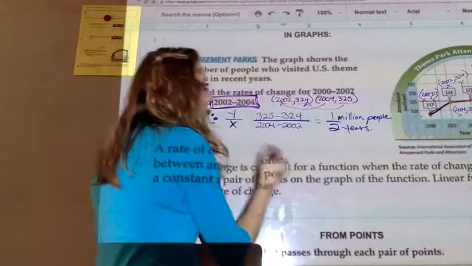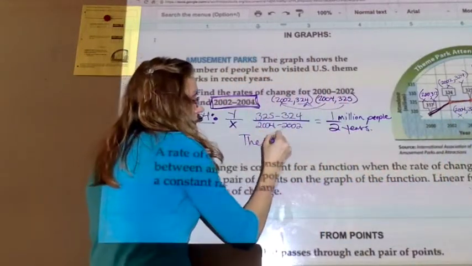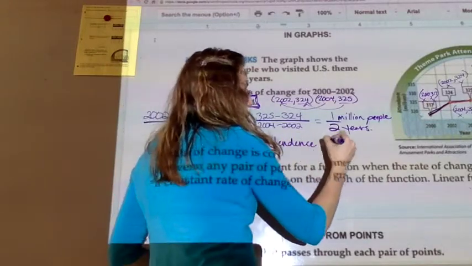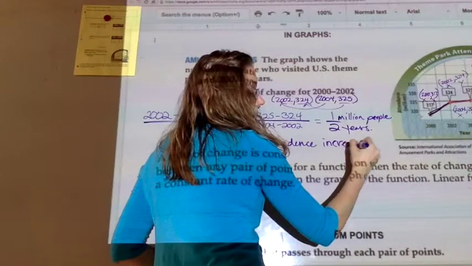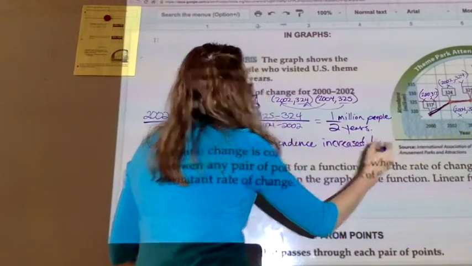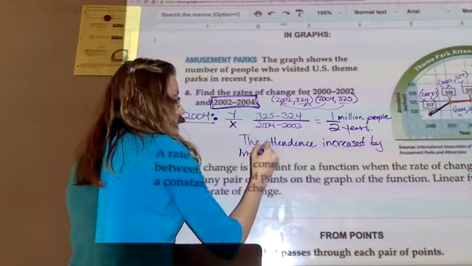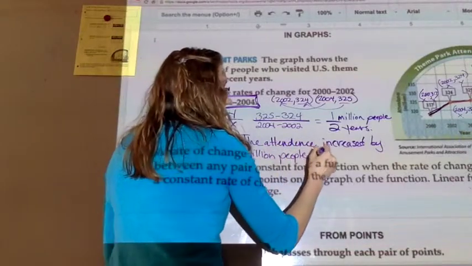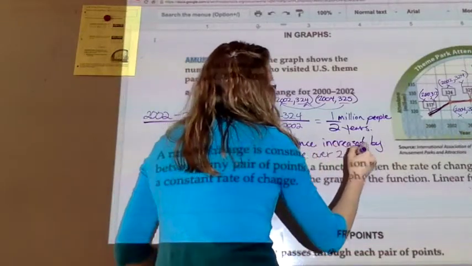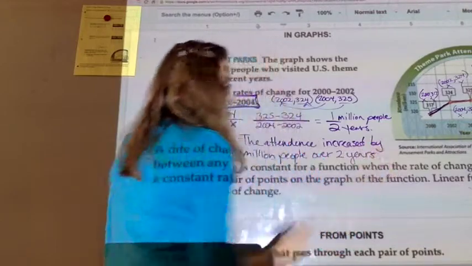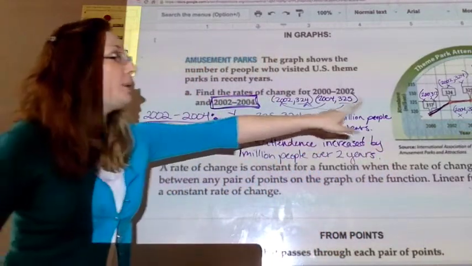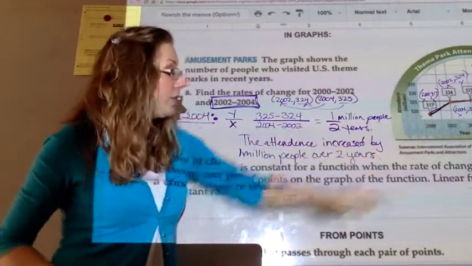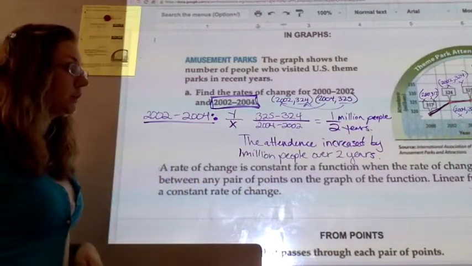Here, the attendance increased, because it went up, our slope is positive, by 1 million people over 2 years. 1 million people, because that was our label on the y, over 2 years, our label on the x. Change in y over change in x.